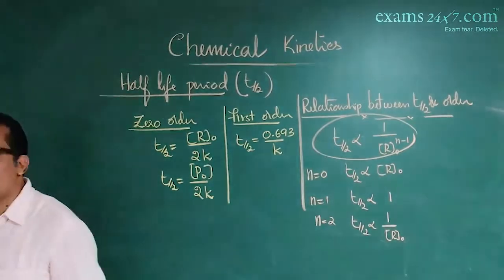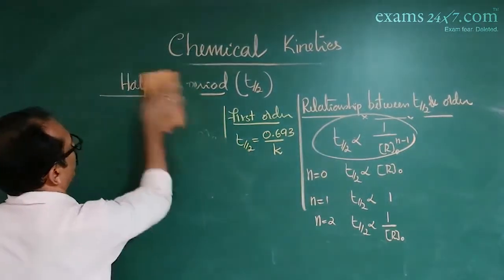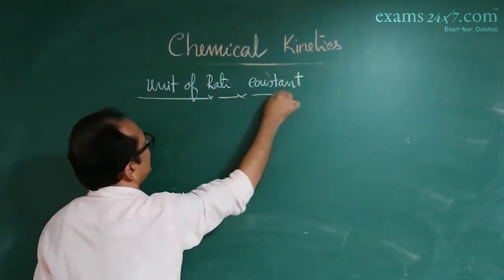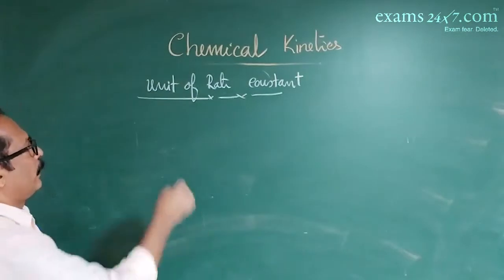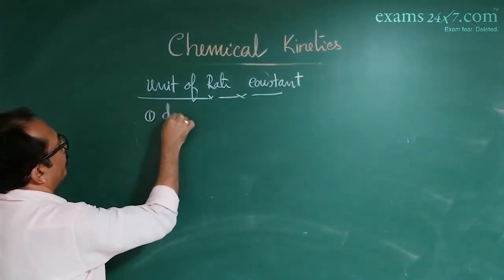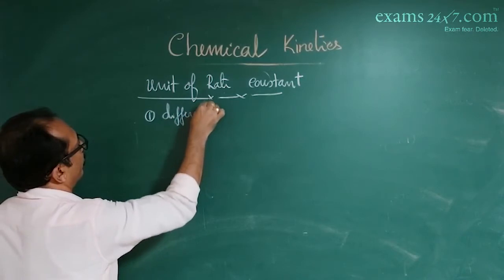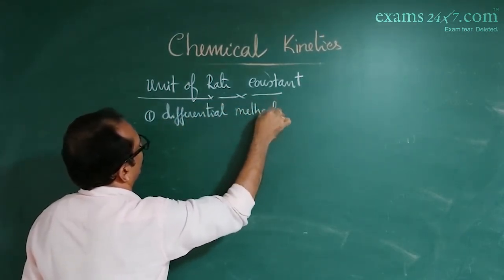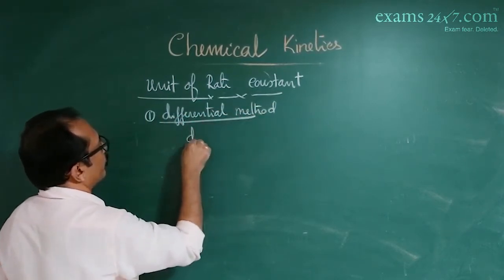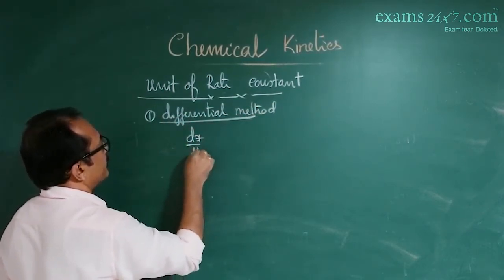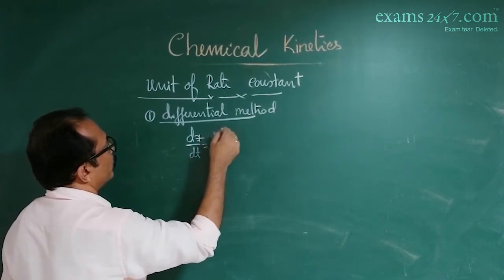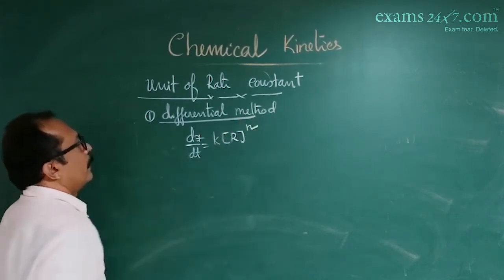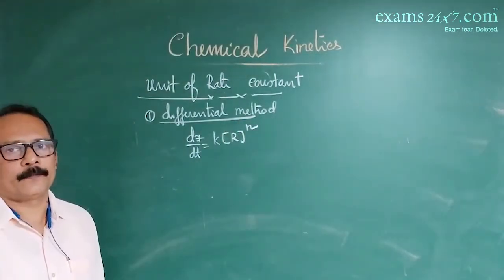Next, we will move on to unit of rate constant. There are two methods. One is the differential method. In the differential method, dx by dt is equal to K into molar concentration to the power n, this is for nth order.